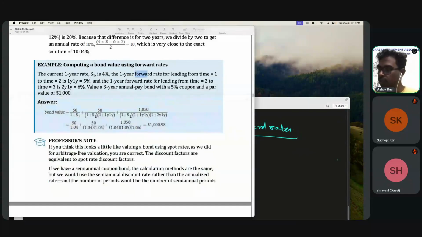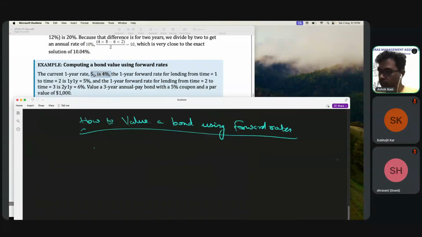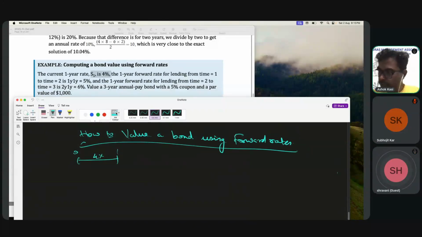Here they mentioned forward rates and here they have mentioned spot rate. 0 to 1 year is always spot only. Then 1 year forward rate for lending from time 1 to time 2, that means for 1 to 2 it is 5 percentage. That means 1y 1y.